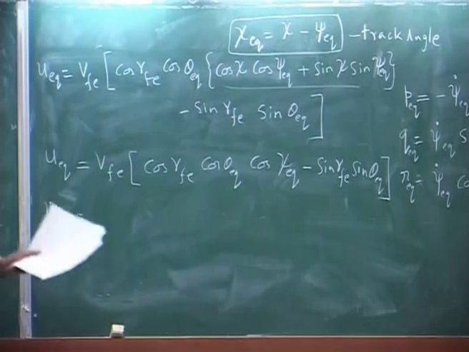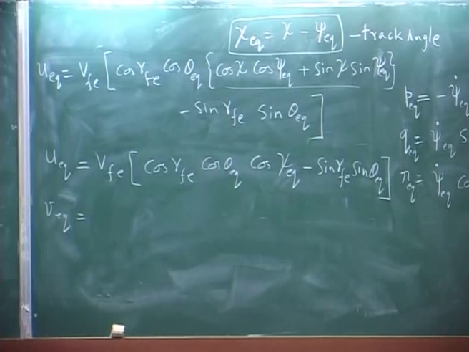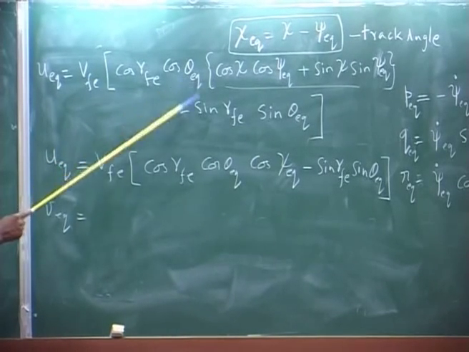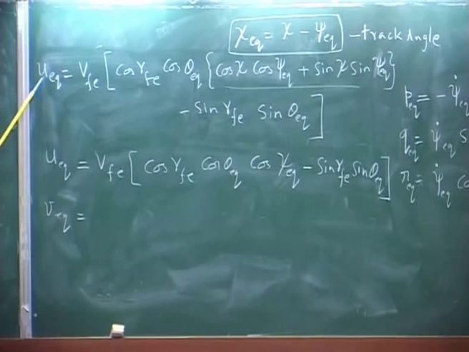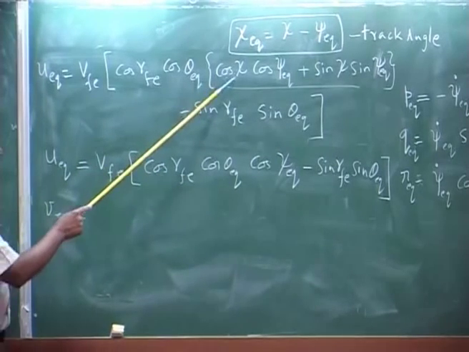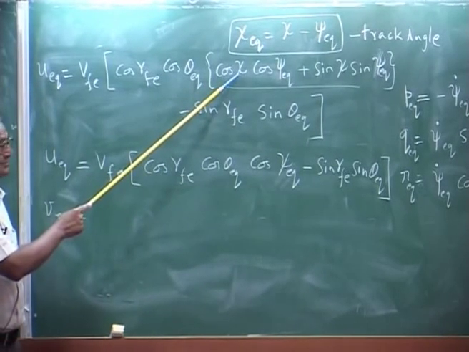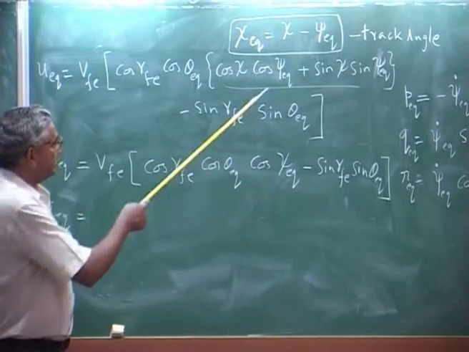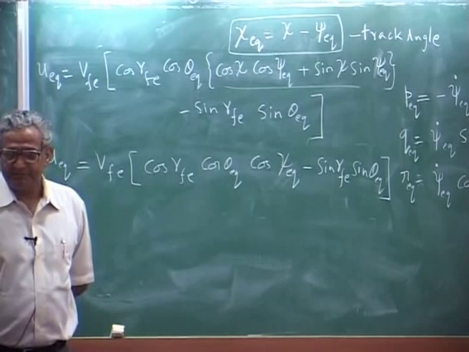I will later tell you why I am using this, because in the equilibrium state you say that my velocity is constant, flight path angle remains constant, orientation angles are constant, and this is also constant, they do not vary with time, but you will find chi and psi. What is psi equilibrium? There is nothing like psi equilibrium.